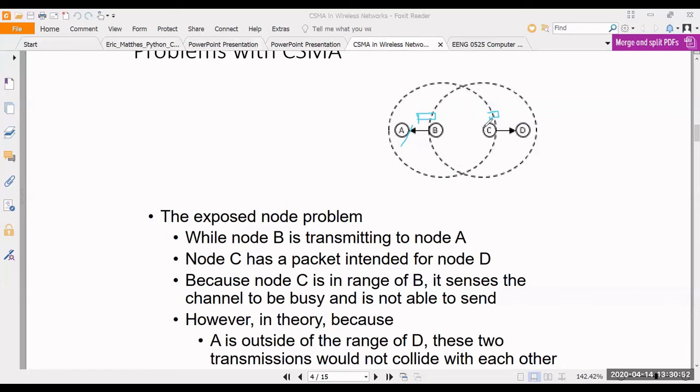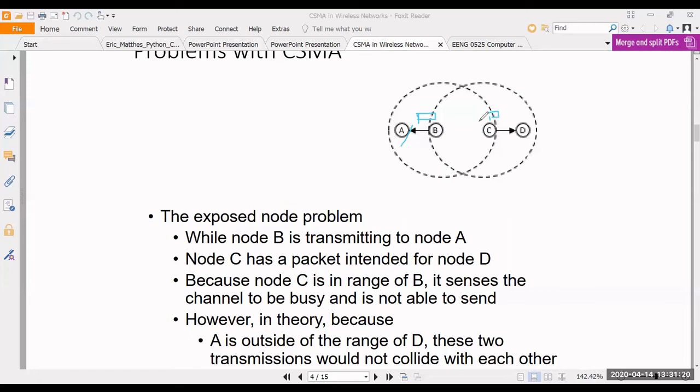Because C knows B is communicating to someone, the channel is busy to C. So whatever C has to transmit to D, it will stop. It won't transmit it.